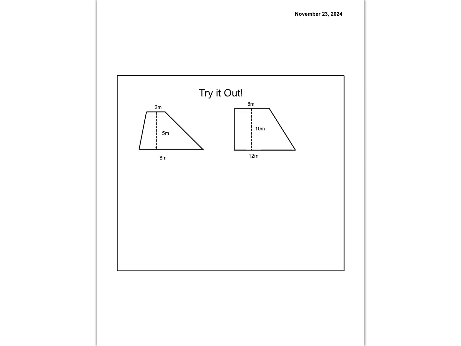So when we look over here, if we use that same formula, A equals (a plus b) divided by 2 times the height. This can be, if I go to label this, this can be a, there's b, and there's the height. I'll do the same thing here, a, b, and the height. So if we just go back to this for a moment, in the first one we have 8 meters and 2 meters.